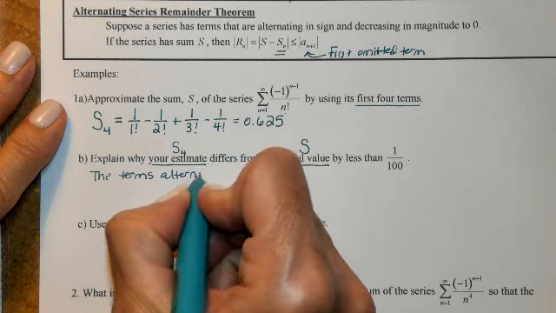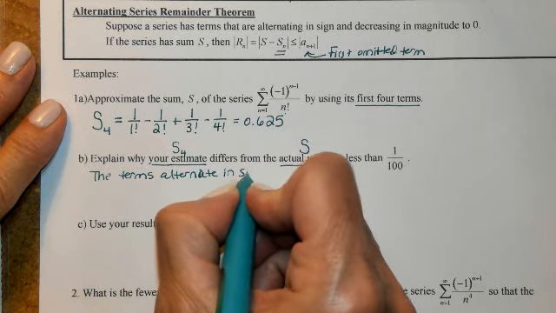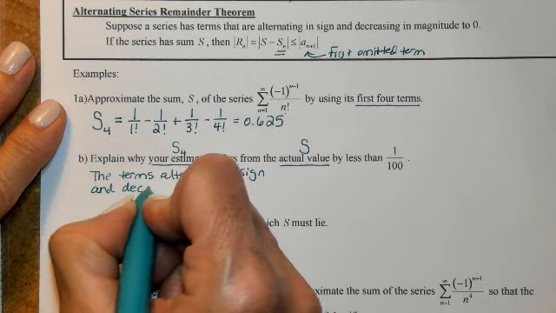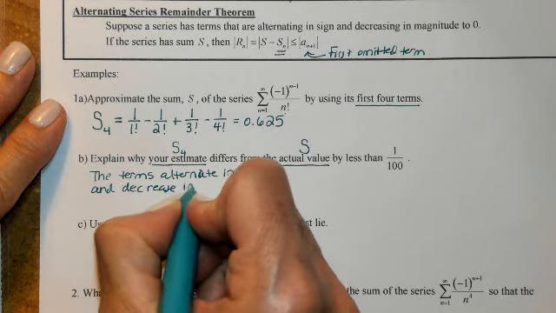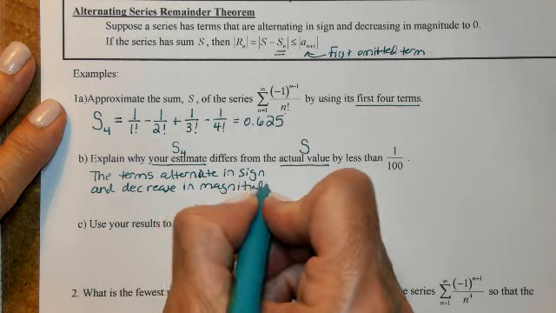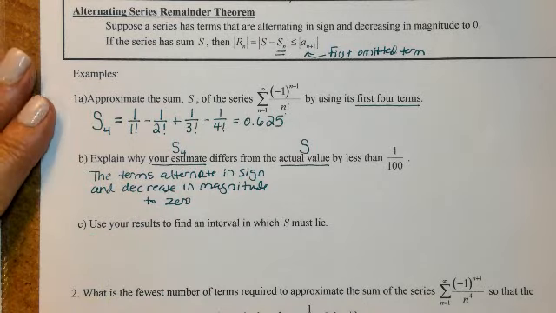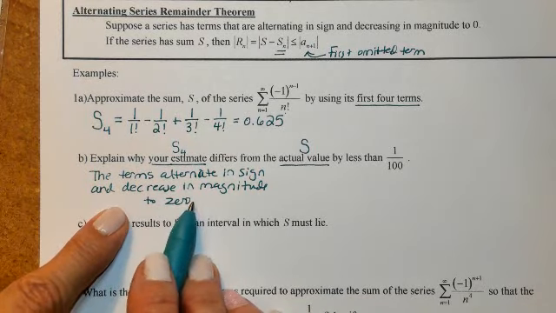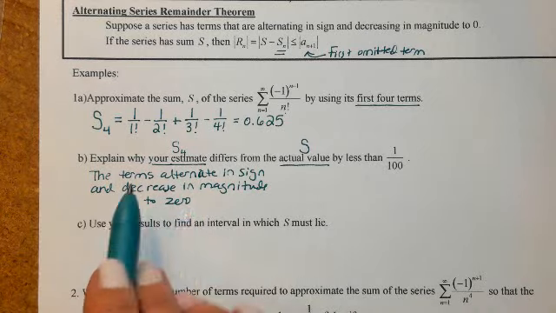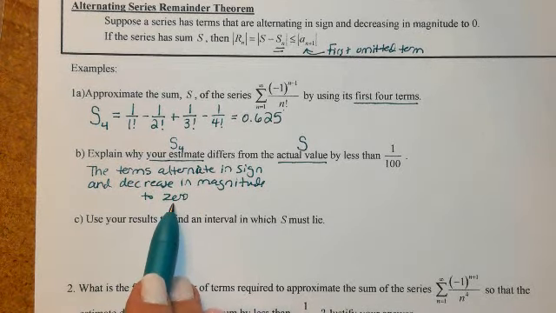alternate in sign and decrease in magnitude to 0. Okay? When we're in class, I have you repeat this a few times. The terms alternate in sign and decrease in magnitude to 0.